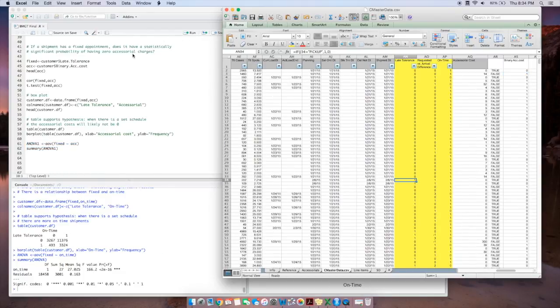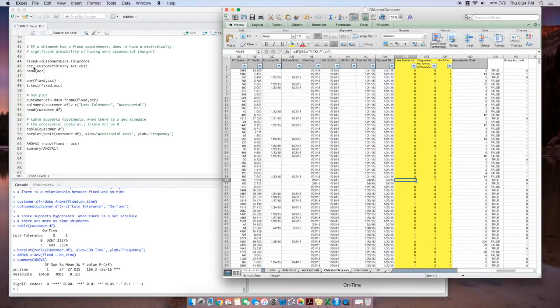Since we only cared about having zero accessorial charges, I created a new column that reflected zero whenever there was a zero, and one whenever it was greater than zero, just to make things simpler. Then I read in those two columns here, fixed and ACC.